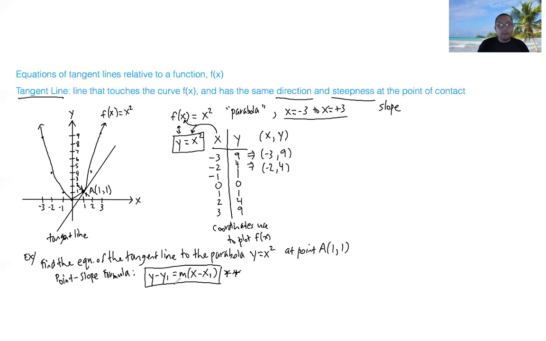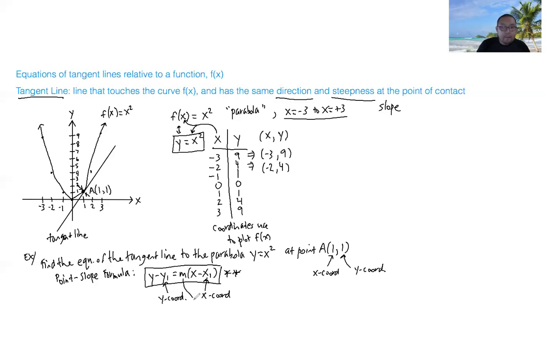Okay, and so in this case, x1 represents the x coordinate that you were given. So in this case, x1 is the x coordinate you were given. That's this, right? y1 represents the y coordinate that you were given. That's this, right?